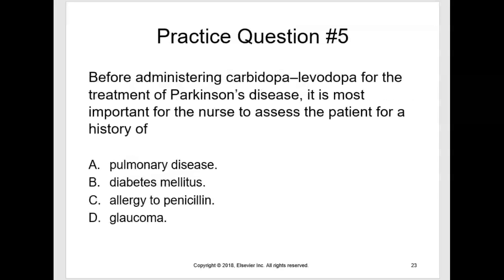The correct answer for number 5 is D, glaucoma. Contraindications to therapy include narrow-angle glaucoma, severe cardiac, renal, hepatic disease, and suspicious skin lesions.